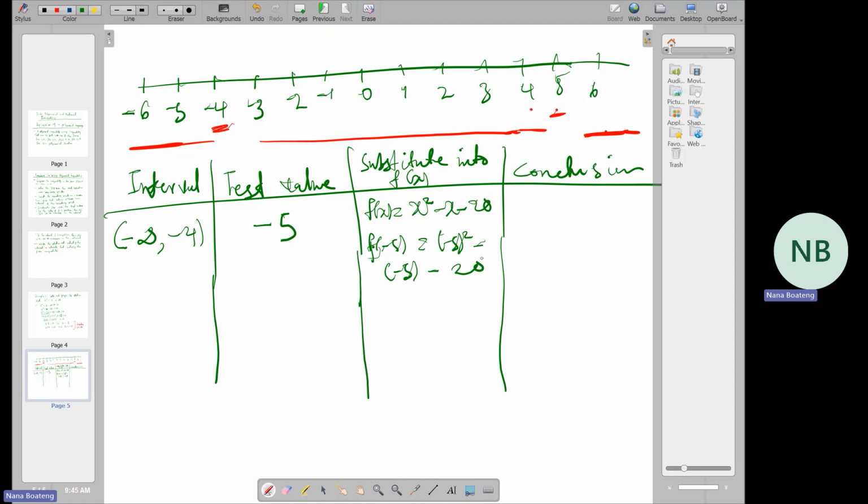If we evaluate this, it becomes 25 plus 5 minus 20. So this becomes 10, which is positive.